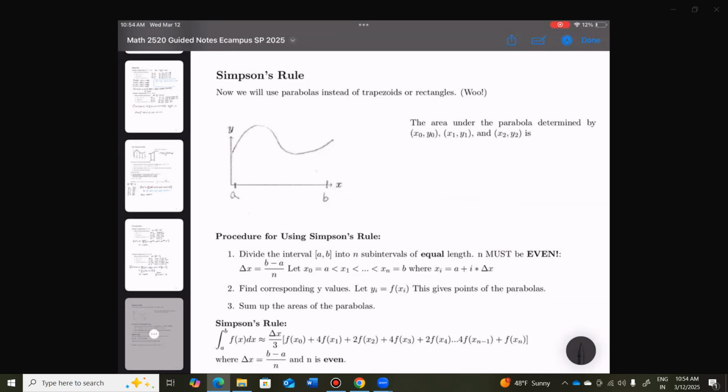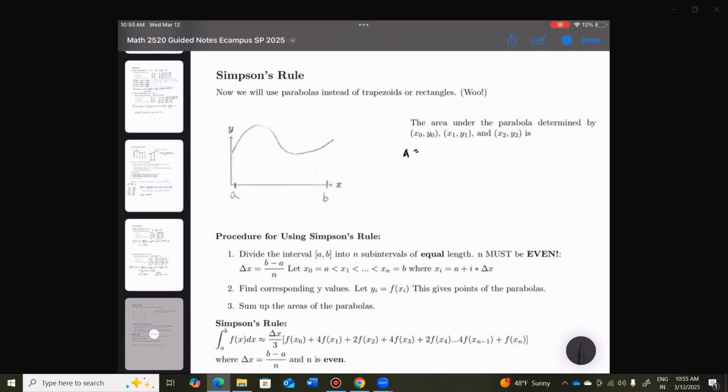And so for this, the area of the parabola here is going to be delta x over 3, and then, assuming 3 spaces here, we'll do y sub 0, then 4 times y sub 1, and then y sub 2. So y sub 0, 4 times the next one, and then you go back down.